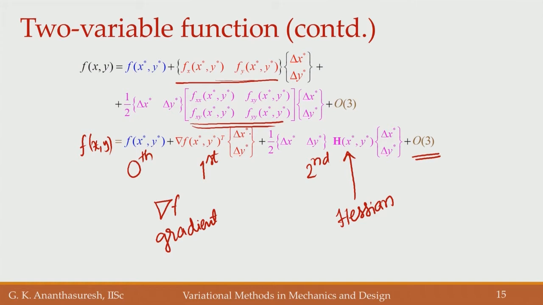Now that the first order term has gone to 0 because of the necessary condition, the second order term, that is this whole thing here, has to be greater than 0, because only then x star y star will be a minimizing point or minimum value. Every other value should be larger, that is the sufficient condition as we had seen. So, after the first order term goes away, the second order term should be positive, that makes x star y star a minimizer.